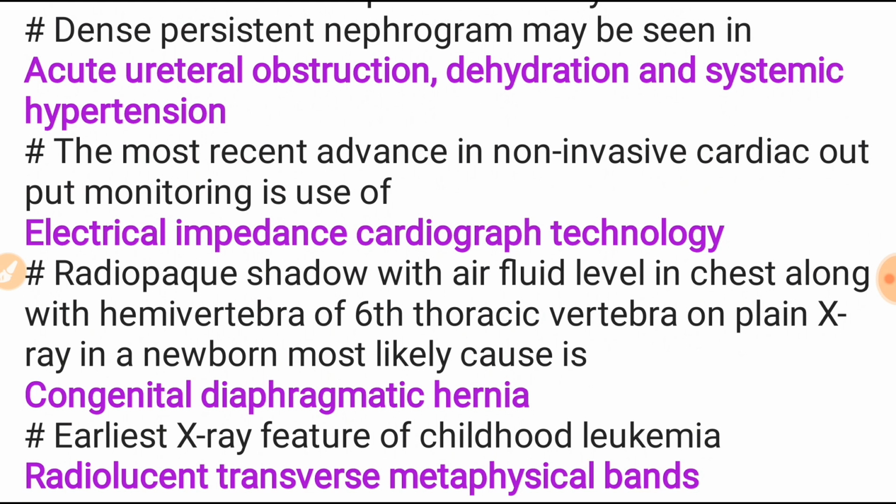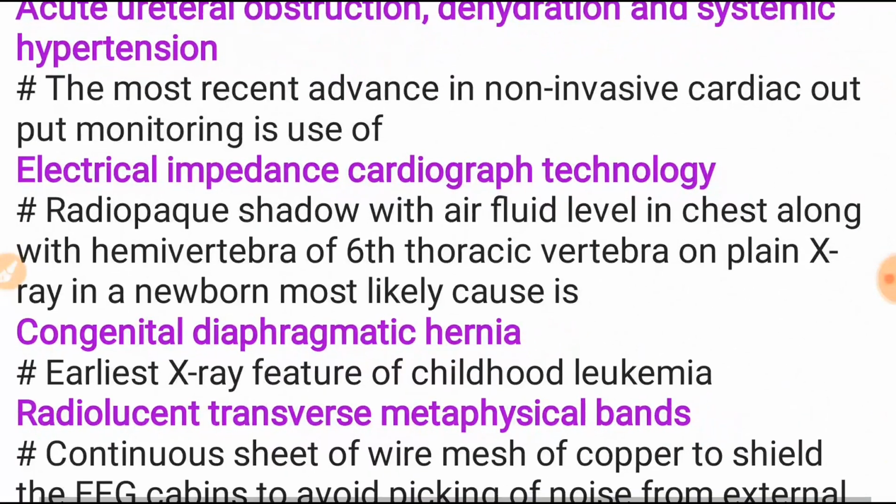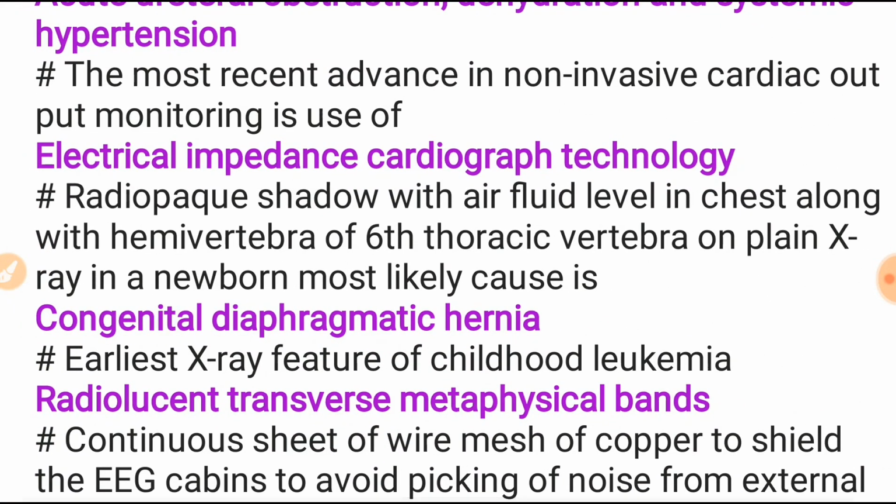Radio-opaque shadow with air fluid level in the chest, along with hemivertebra of the sixth thoracic vertebra on plain X-ray in a newborn: most likely cause is congenital diaphragmatic hernia.